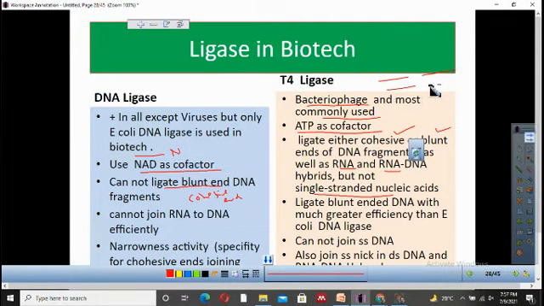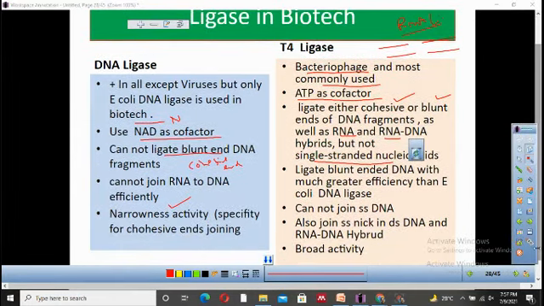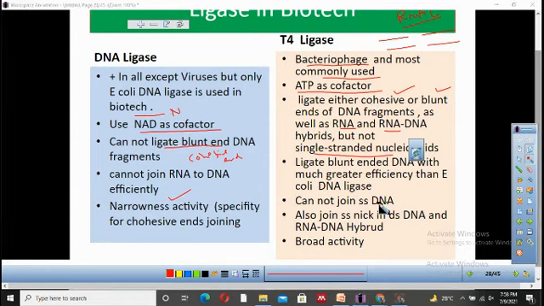If it is RNA to another RNA, it also cannot be ligated. So for that purpose, we have to choose the RNA ligase. So only limited substrates are there. That's why it has narrow activity. And here many substrates are under the action of the ligase, so the broad activity is there.